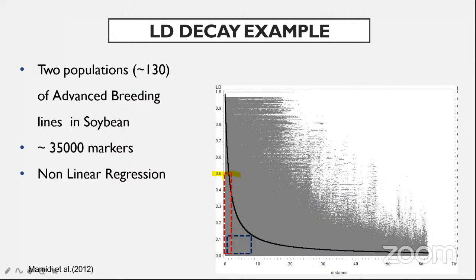So if I take that, my LD decay is approximately 2 megabase pairs. Since soybean is 1,000 megabase pairs, in theory, 500 markers or a bit more than that is sufficient, assuming that the LD stays the same throughout the genome, which is not the case. Since I have 35,000 markers, I'm theoretically well above the necessary range, and that is a really good thing.